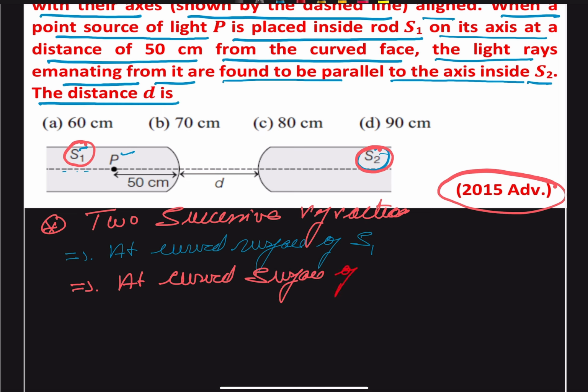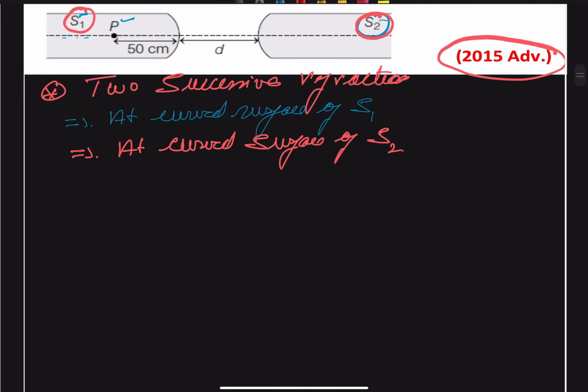And there are some common parameters associated with both. The radius of curvature for both is the same, given as r, and its value is 10 centimeters.